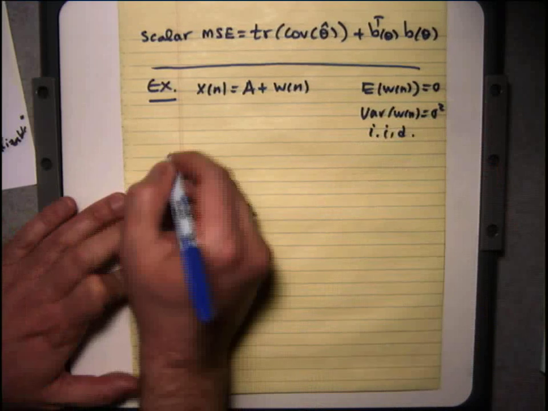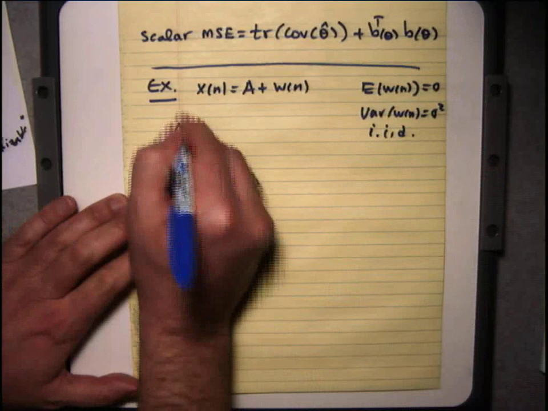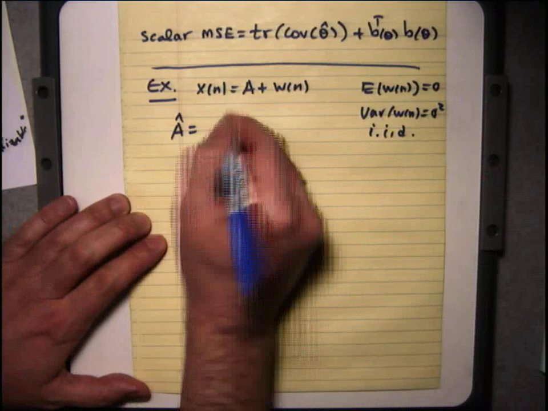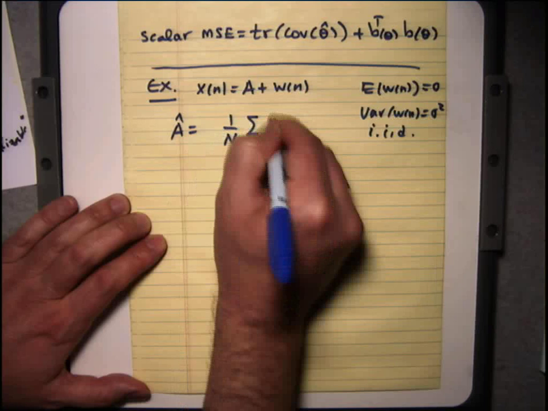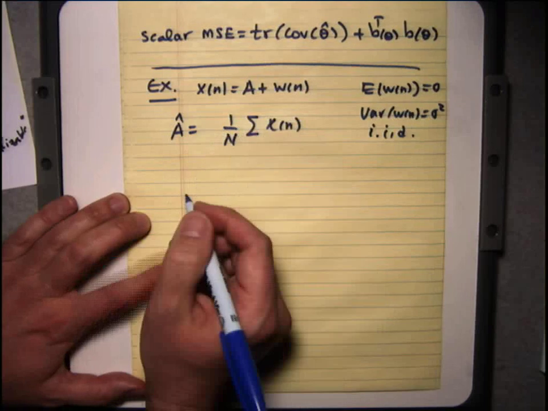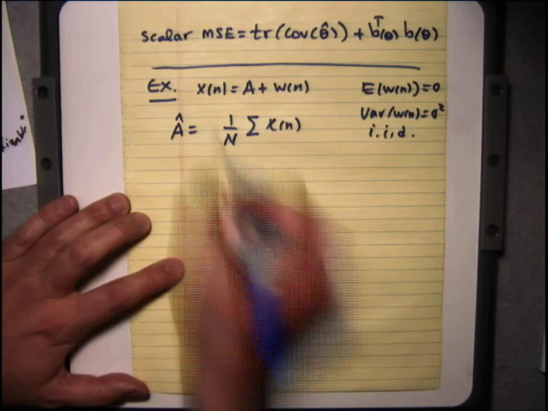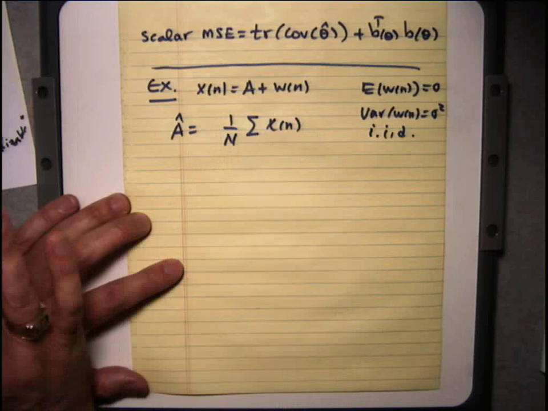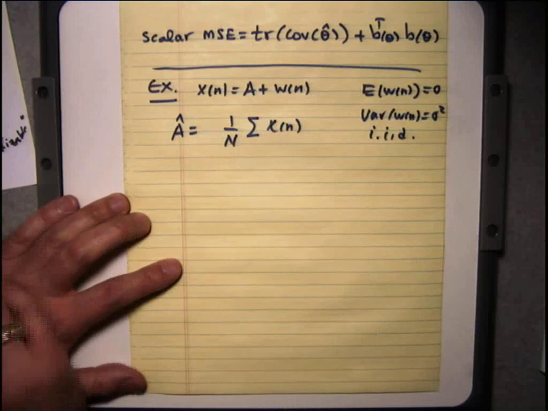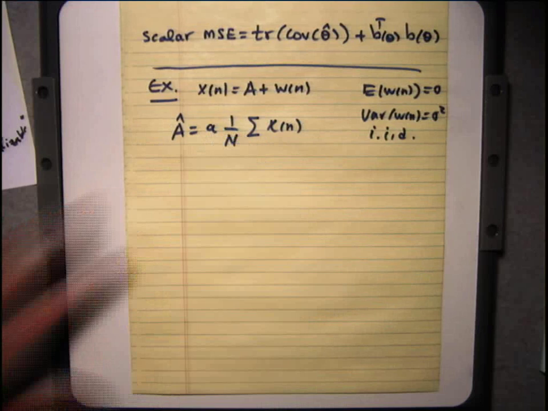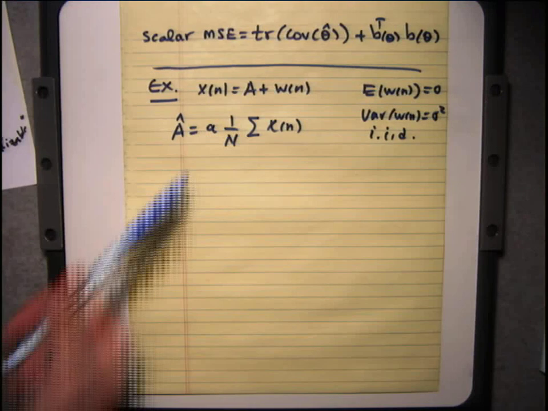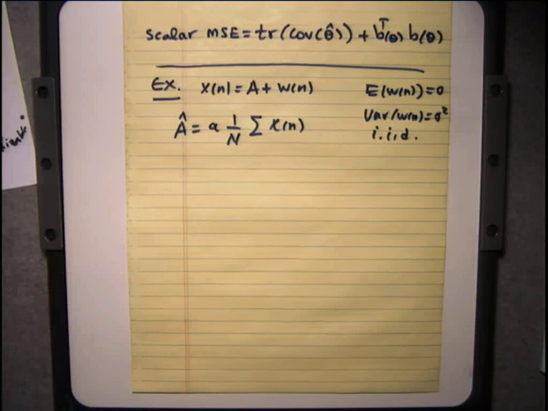Now, this estimator that we had before, 1 over n summation of x of n, I'm just going to make a little bit different. I'm going to put a constant in front of it, little a, and I'm going to play with this constant to see if I can somehow minimize mean squared error. Okay, let's see what happens.